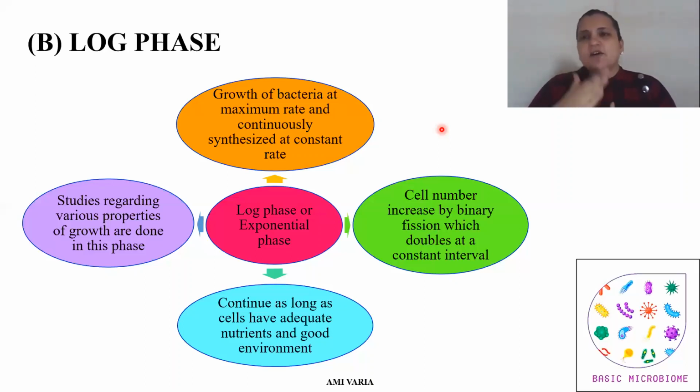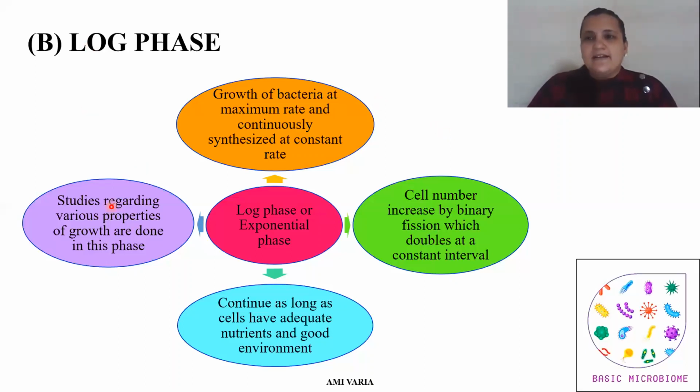And the last, most important parameter affecting the log phase is that, because of respiratory cellular activity, toxic waste metabolites are produced at a higher rate at the end of the log phase.